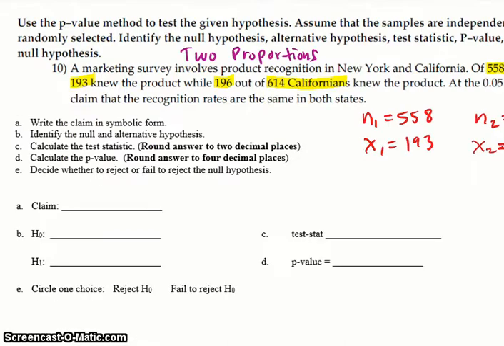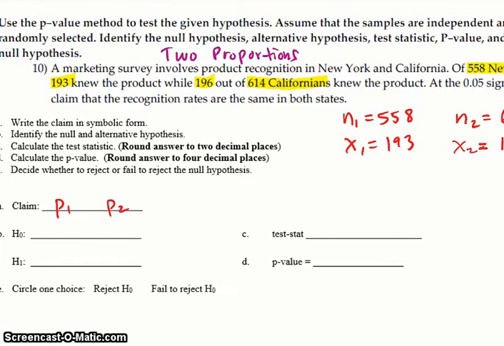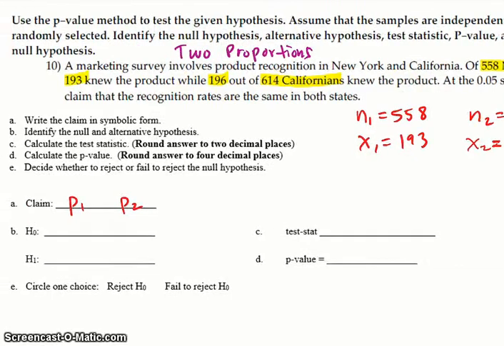Right here. So the claim, because we're dealing with two proportions, is a statement regarding P sub 1 versus P sub 2. So the claim is that the recognition rates are the same in both states. P sub 1 and P sub 2 represent the proportion of those who recognize the product in New York versus California. So if the claim is that they're the same, the claim is P sub 1 is equal to P sub 2.